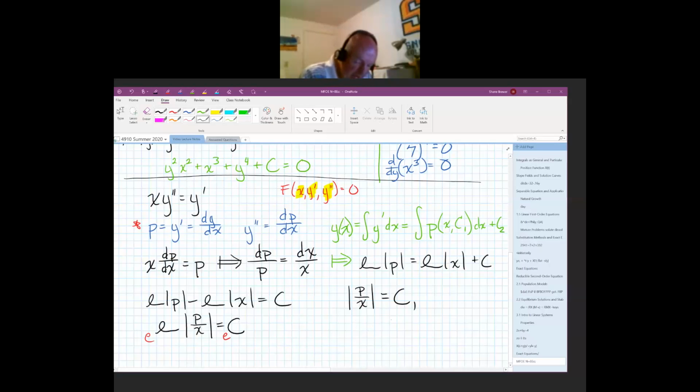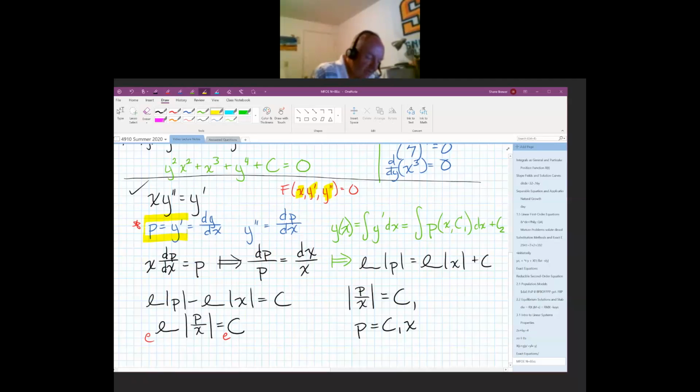Or if we get fast and loose with things, p equals constant times x, in other words, if we kind of ignore that absolute value. And we can do that because a lot of times we'll just require everything to be positive, so the absolute values are redundant. Okay, but notice we've got that c sub 1. That's a real constant, right? Right. But I don't want to know what p equals. I need to know what y equals. Okay, so what do we do now?